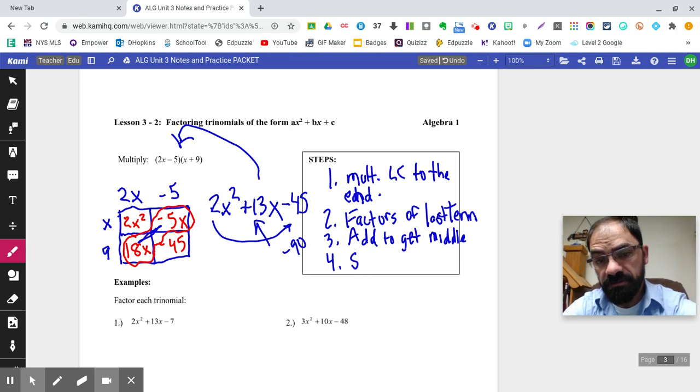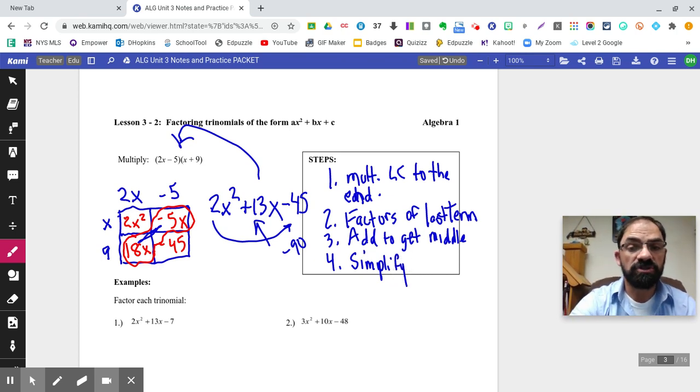And then simplify, and I'll show you what I mean there. One of the factors, if not both, will reduce if they have a GCF.